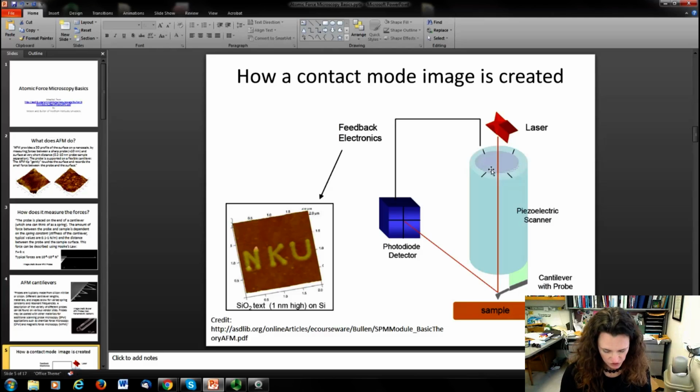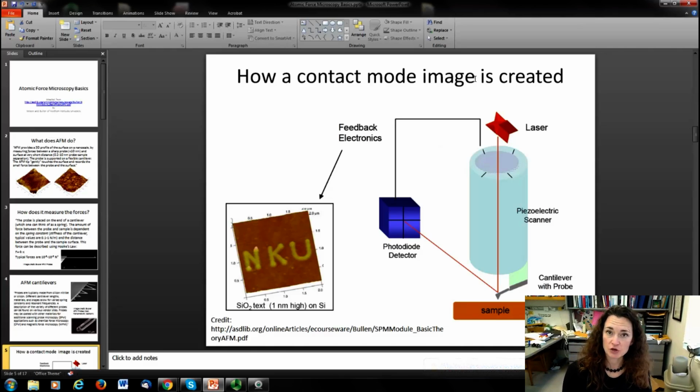The detector measures the bending of the cantilever as the tip is scanned over the sample, and then you have a feedback loop which maintains a certain position of the laser on the photodiode as the tip is scanned over the sample by applying a known voltage to the piezo. And then the necessary movement of the piezo is monitored for each pixel in the image, and that's used to create a topography map. And so that's how contact mode images are generated.